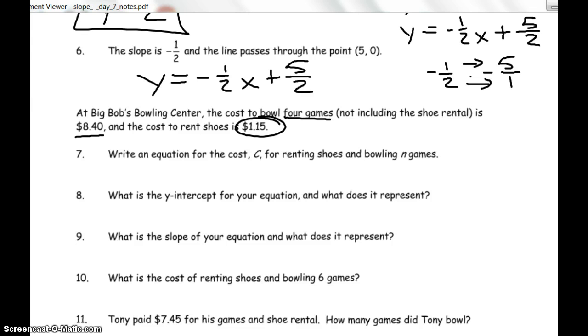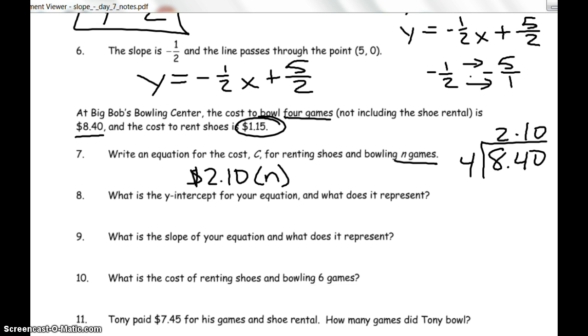So to do that, I'm simply going to take the total cost, $8.40, and divide it by the 4 games. So it costs $2.10 per each game. So we're talking about bowling n games. So we have $2.10 times n.